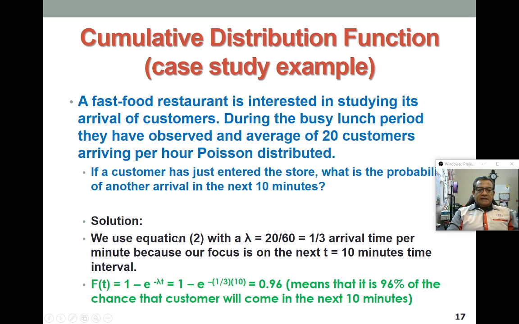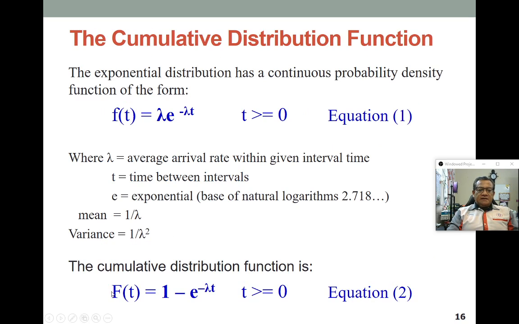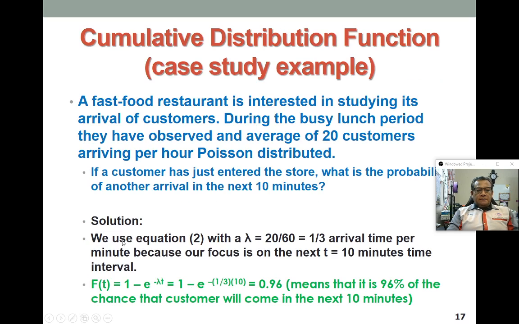So how to estimate that? We use the previous formula, the function of T equal to 1 minus e to the power of negative lambda t. We use equation 2 with lambda equal to 20 over 1 hour, which is 20 over 60, or 1/3 arrival per minute, because our focus is on the next 10 minutes of inter-arrival time.